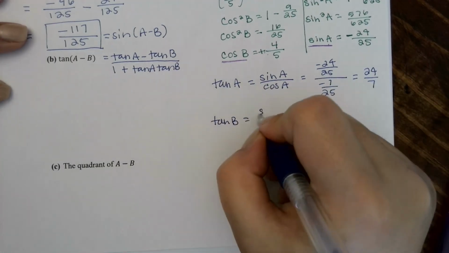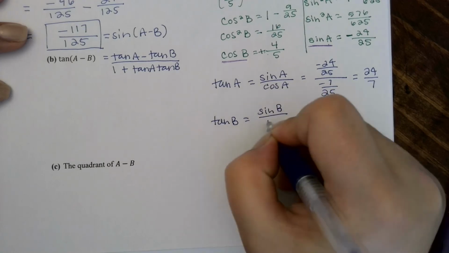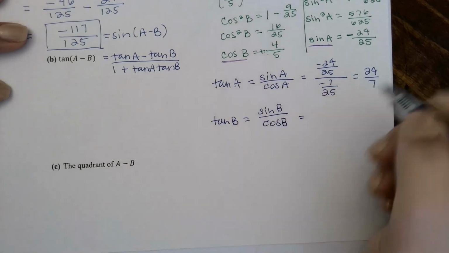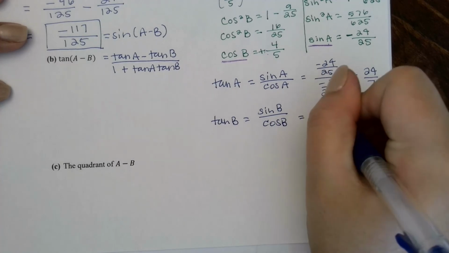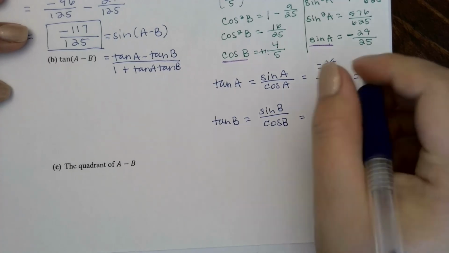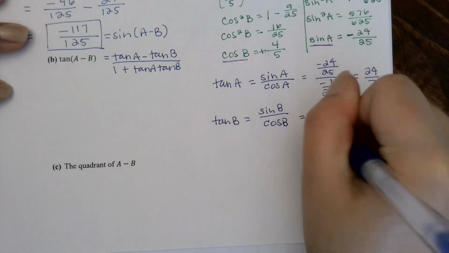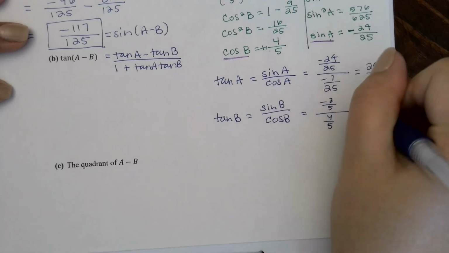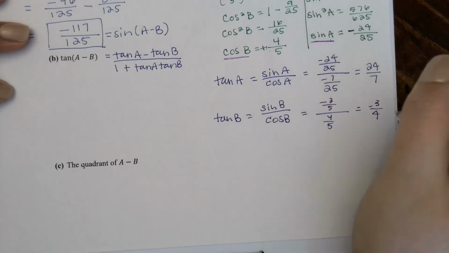Tan B is sine B over cosine B, so it's negative 3 over 5 over 4 over 5, which gives me a negative 3 over 4.